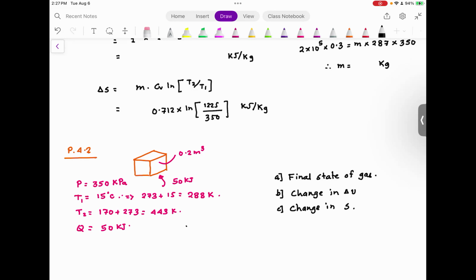Now, the gamma value, which is the ratio of Cp divided by Cv for nitrogen, is given as 1.4. And the value of Cv is given as 743 joules per kg Kelvin.